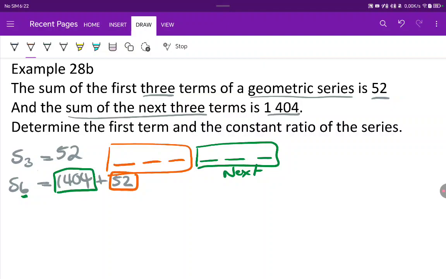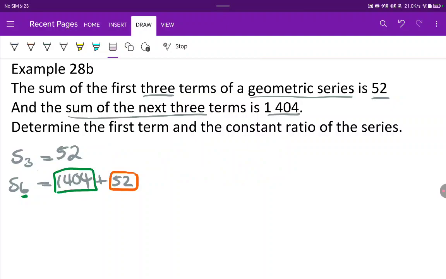The next three does not include the first three. The next three is 1404. But you can't do the sum from 4 to 6, so you're going to do from 1 to 6 by adding 1 to 3 and 4 to 6. Okay? So once we've got that understood, we can move on with our notes.